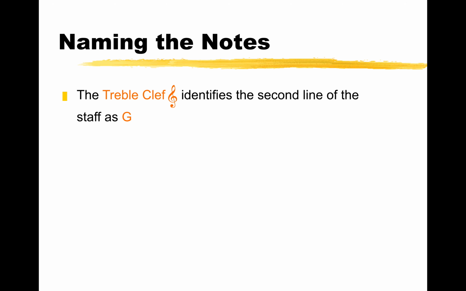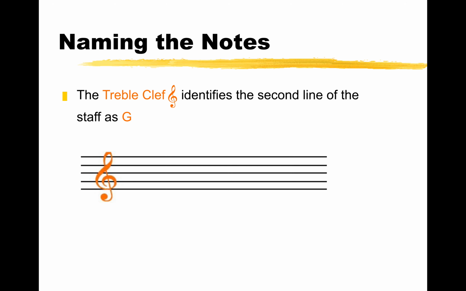When we name notes on the staff, we need a clef sign. And this is the treble clef. If there's no clef sign, then the notes on the lines and spaces actually don't have a name at all. The clef sign is needed for telling us what the names of the notes are. And as I said, this is a treble clef.